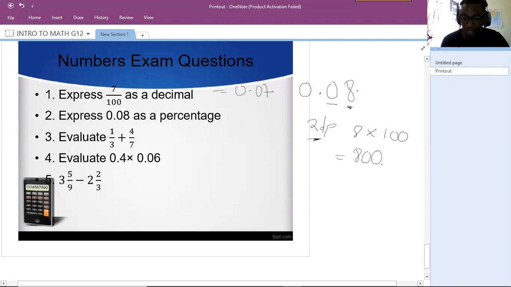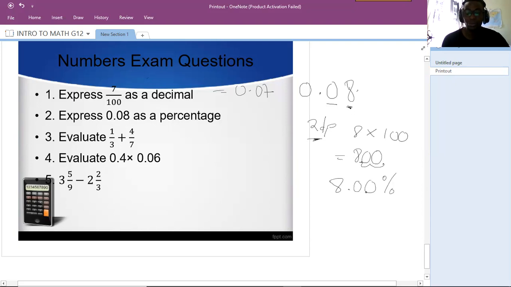So we go here at the end of 800 and add a decimal point there. Then we move to the left 2 times. So we're going to say 1, 2, and add our decimal point there. It will be 8.00%.